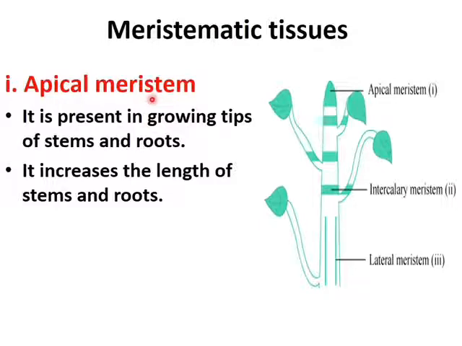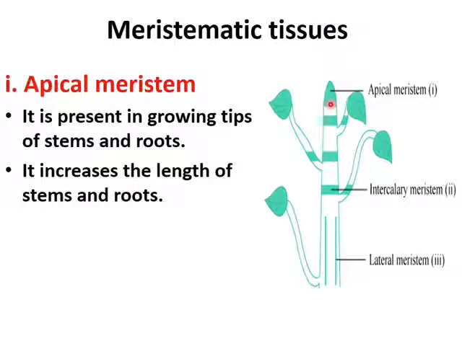Apex means growing tips of stems and roots. So here it is written, it is present in growing tips of stems and roots. In the diagram also you can see it is present at the growing tip of stem and root also. So this is the location of apical meristem tissue.